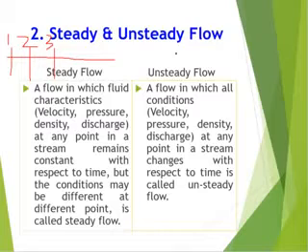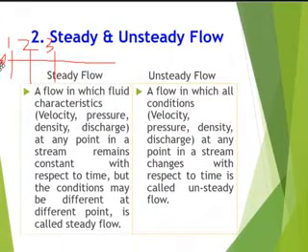And what is the example of unsteady flow? An unsteady flow example is the flow in a pipe whose valve is being opened or closed gradually. So if this is a pipe and there is a valve at the start, which you open or close gradually, then the flow conditions like discharge or velocity etc. will change at this point.